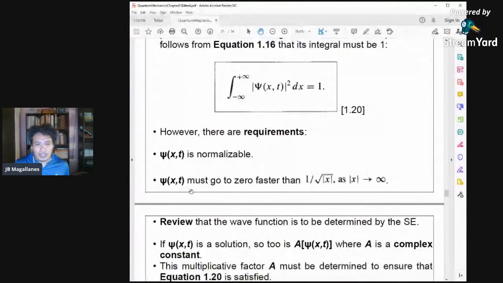And the wave function must go to 0 faster than 1 over the square root of x as x approaches infinity, meaning that as it goes to positive infinity, it should go down to 0. And if it goes to negative infinity, it should also go down to 0. That's the requirement for the wave function.